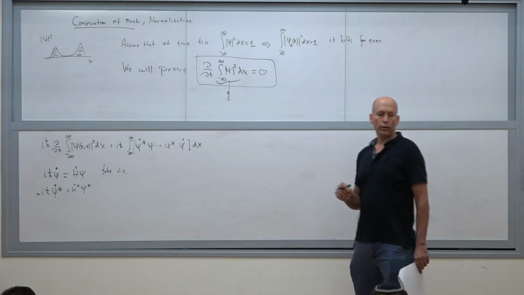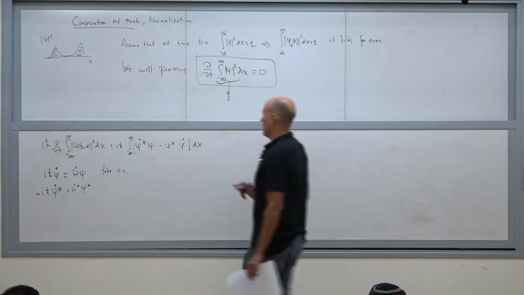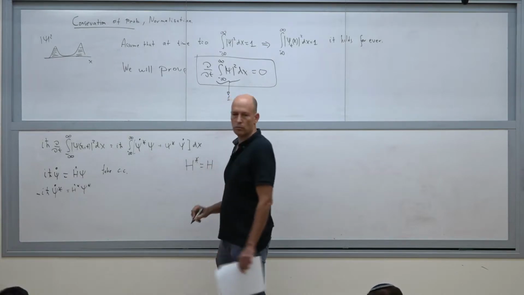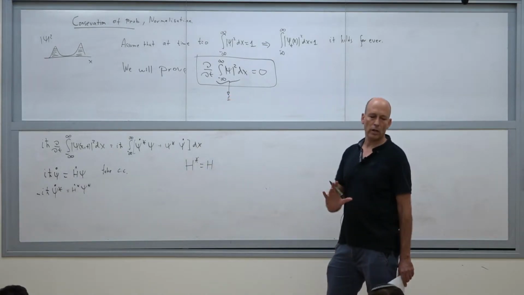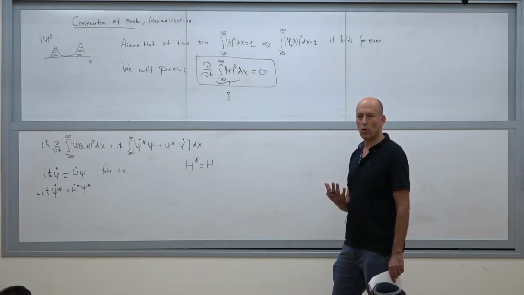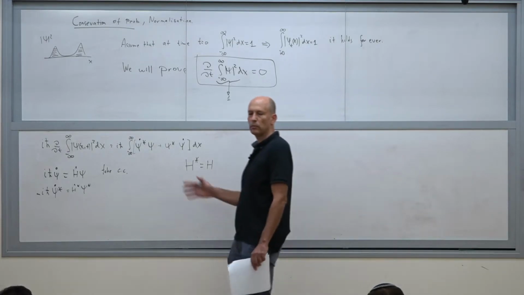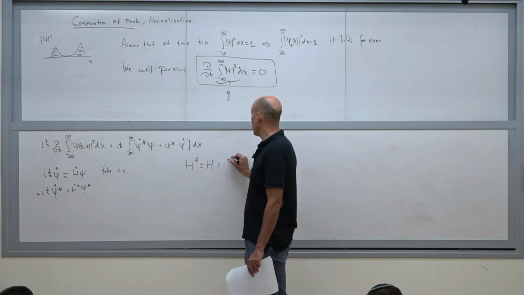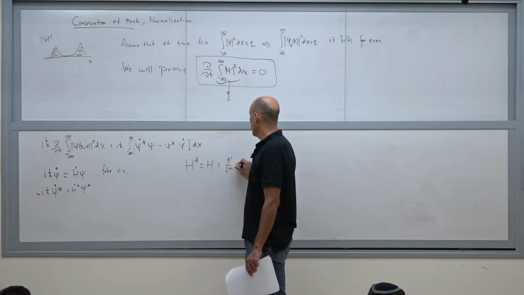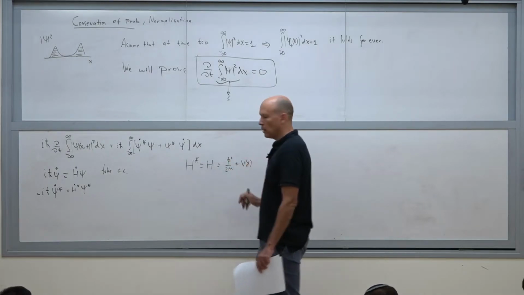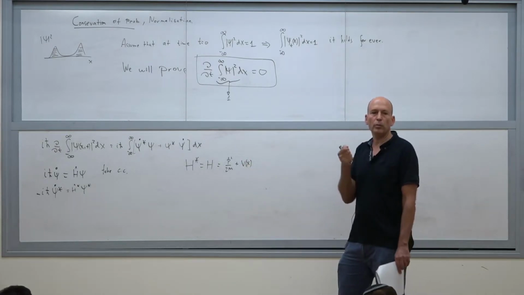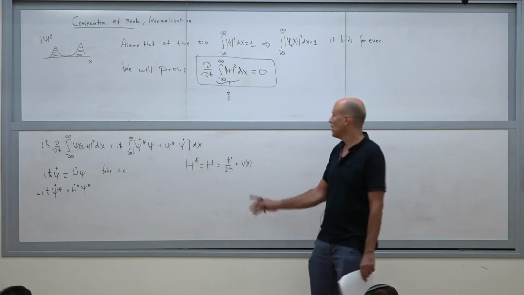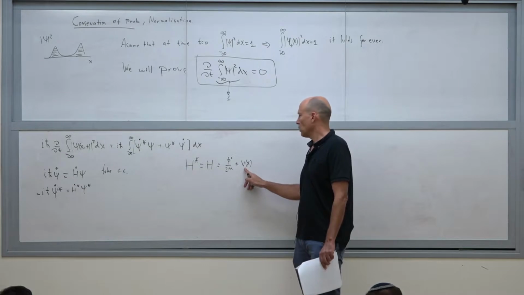An important property of Hamiltonians is that H star is equal to H. All the Hamiltonians that we know of are like this. It's actually something you might even say is trivial, because what is H? This is p squared over 2m plus V of x. The potential cannot be complex. Why? Because this is related to the force that you have in classical mechanics. So this is real.